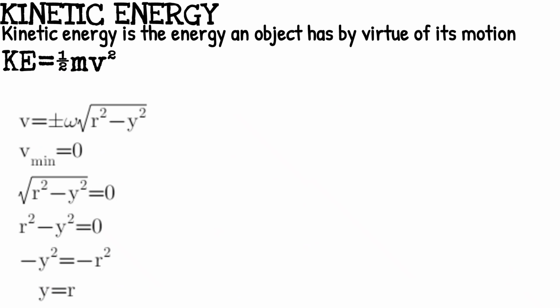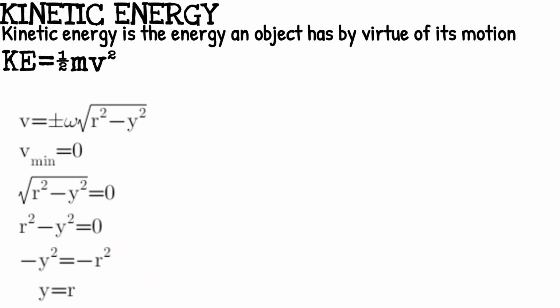And how do we get 0? It is when that square root side becomes 0. So I'm saying that r square minus y square must be equal to 0, right? I'll take the square of both sides, and we cancel the square roots out. I have r square minus y square equal to 0 square, which is still 0.